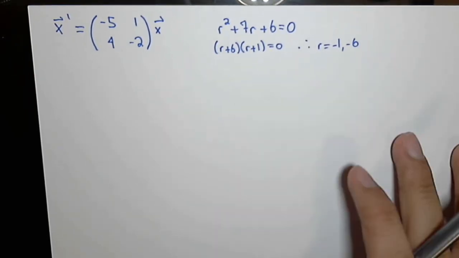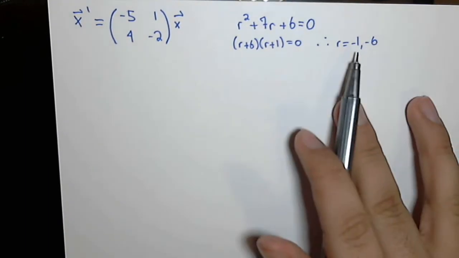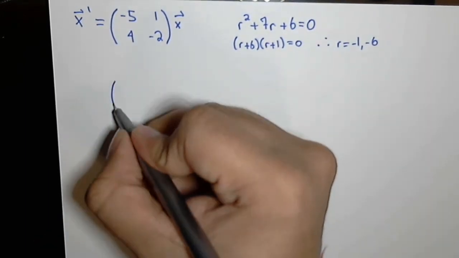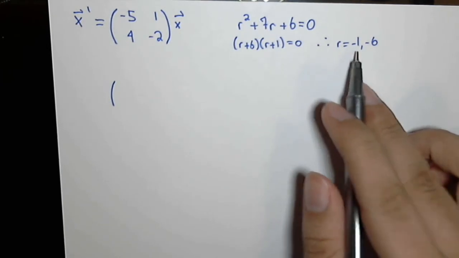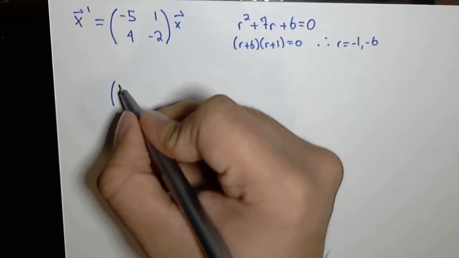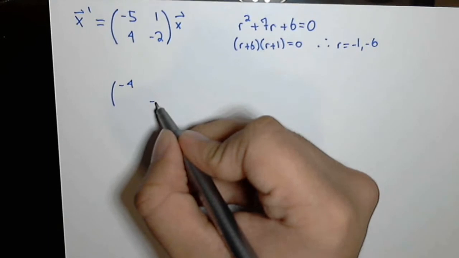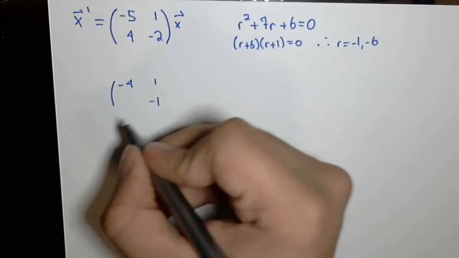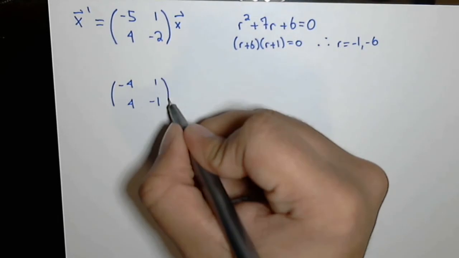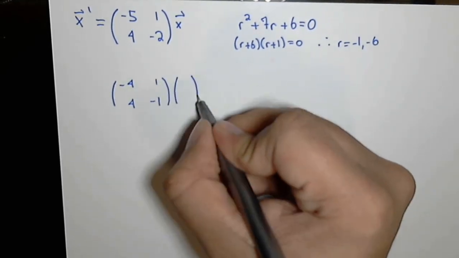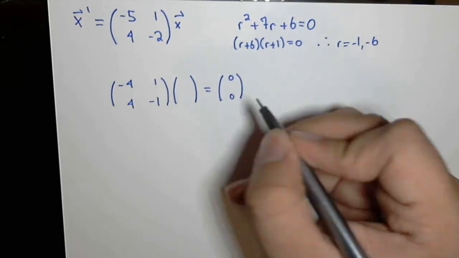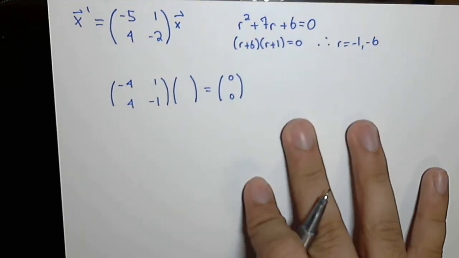Now, to find the eigenvectors, we're going to take these eigenvalues, subtract them from the diagonal. So subtracting -1 is equal to adding 1. So add 1 to the diagonals and then leave the other entries the same. Like so.